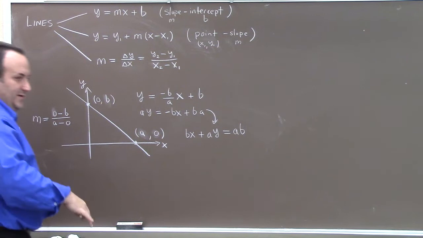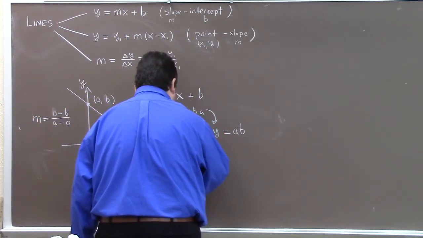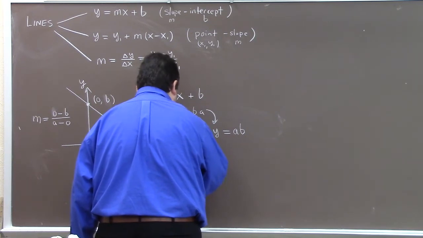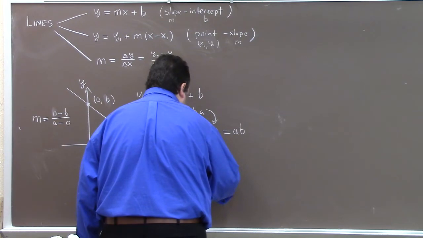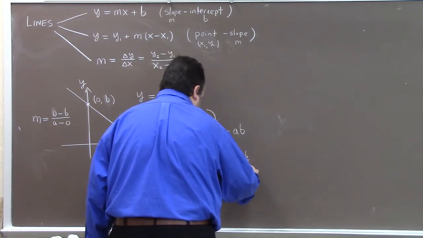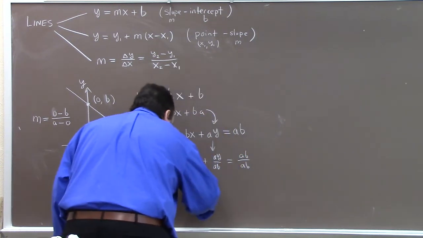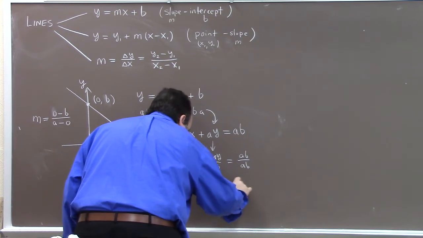Divide by ab. We get bx over ab plus ay over ab equals ab over ab, right? Which gives us x over a plus y over b equals 1.